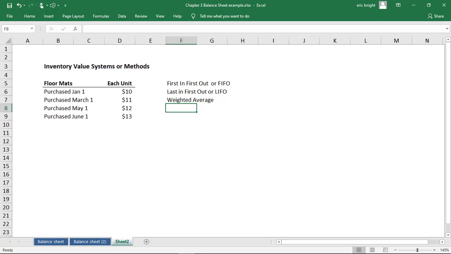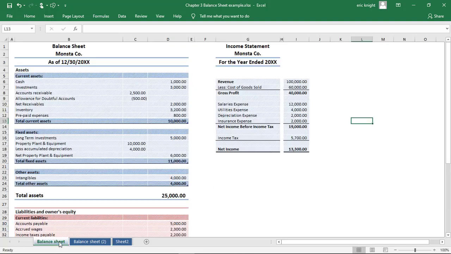And if we use a LIFO method, then we would have the most expensive cost of goods sold. If we look back at our balance sheet and income statement, the cost of goods sold is affected by the method that we use for our inventory system. So if our inventory system uses LIFO, FIFO, or average cost, the same goods are being sold, but it could give us a different value for that cost of goods sold.